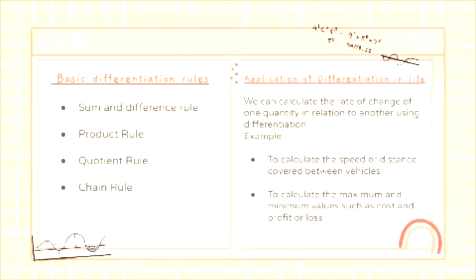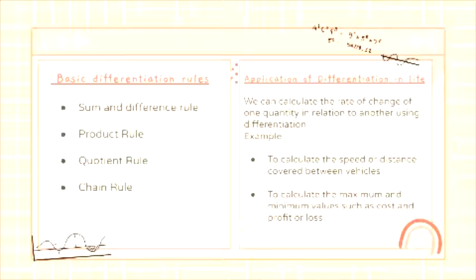These are the basic differentiation rules. Without using the formal definition of the derivative, we can compute the derivative of such functions using basic differentiation rules. The rules are: sum and difference rule, product rule, quotient rule, and chain rule.